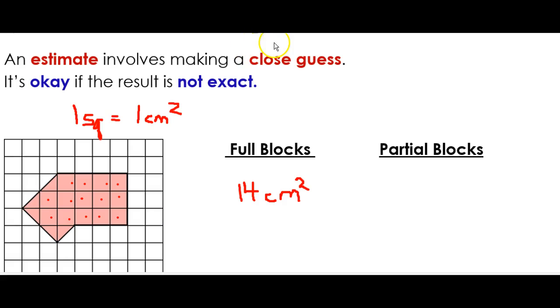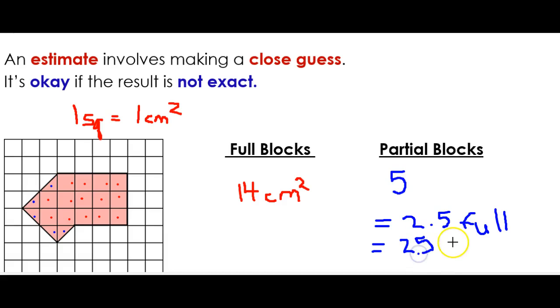And now I'm going to count my partial blocks. So I have 1 half block, 2 half blocks, 3 half blocks, 4 half blocks, 5 half blocks. So I have 5 half blocks, okay? But then I need to remember that is actually going to be equal to 2.5 full blocks. So that will give me an extra 2.5 square centimeters.